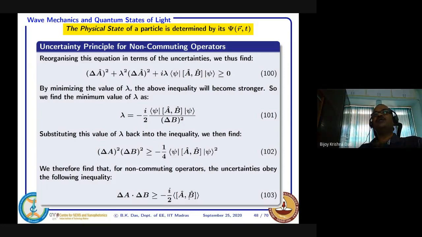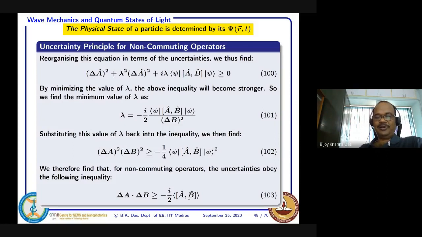So that is what Heisenberg hypothesized, the Heisenberg hypothesis of the uncertainty principle. We'll try to derive it directly from here using the momentum operator and position operator in the next class.